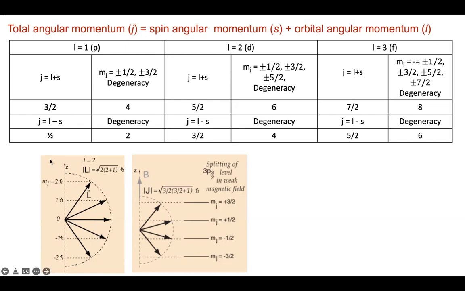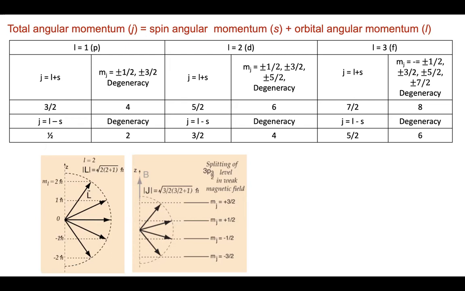Or you could have anti-parallel, so L minus S, and S is 1/2 because electrons are fermions, so they have spin of 1/2. So L is 1, plus 1/2 is 3/2, 1.5. Or you can have anti-parallel, which is now 1 minus 1/2, which is 1/2. So now your total angular momentum is 3/2 or 1/2. So 2p 1/2, 2p 3/2.